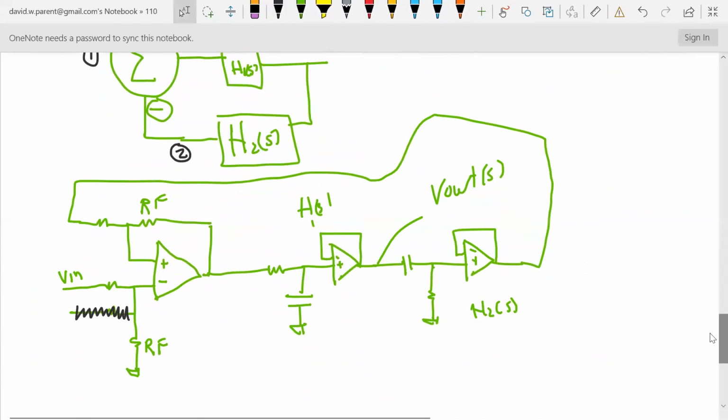So really, I just need V out of the summer to equal, I'm going to call that V1, V in minus V1.